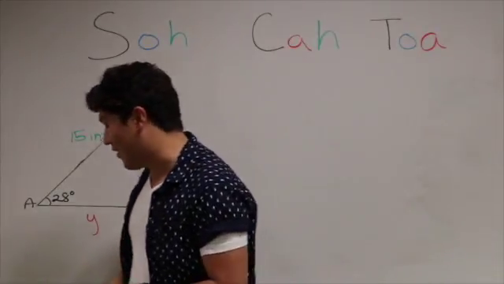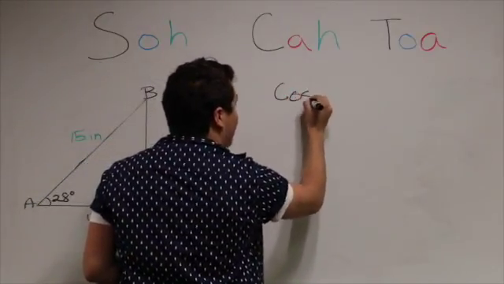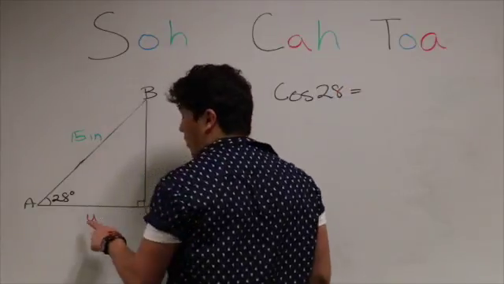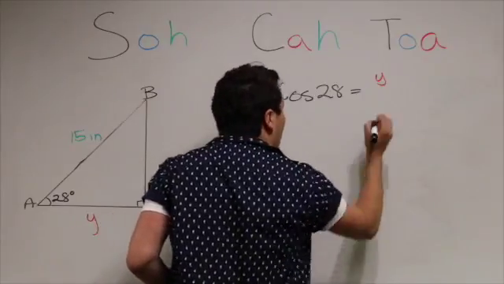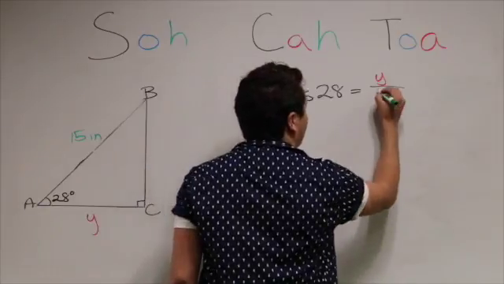Now let's take a look at that. Cosine of 28 degrees is equal to adjacent, which is y, over the hypotenuse, which is 15 inches.